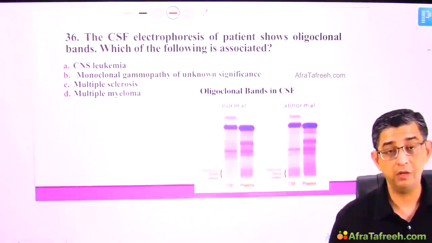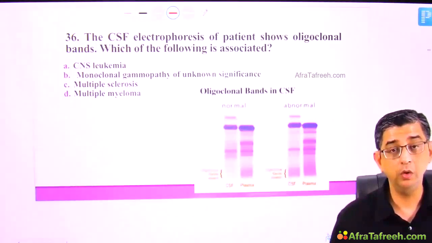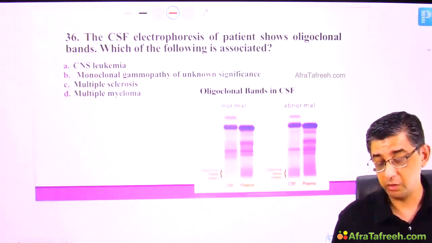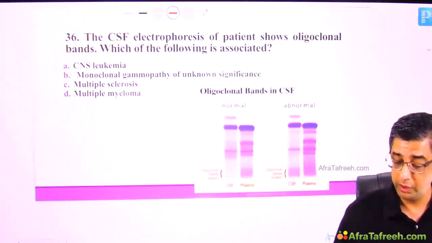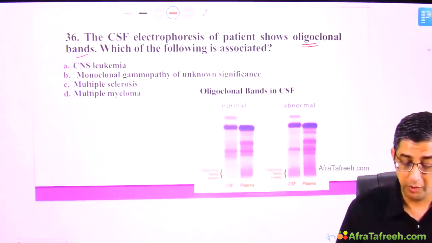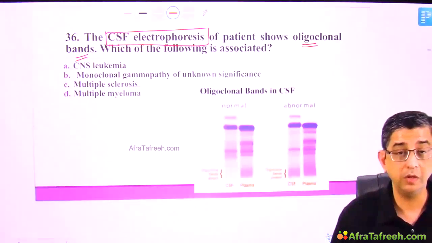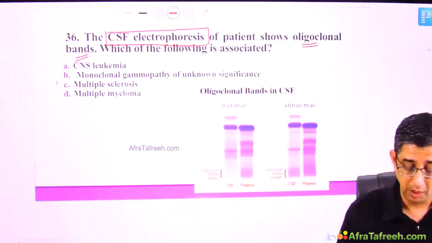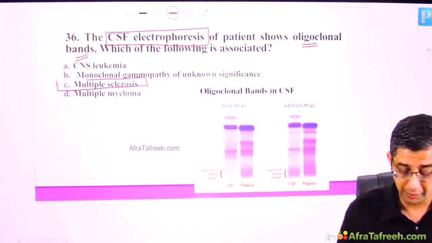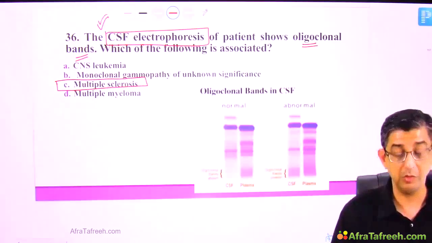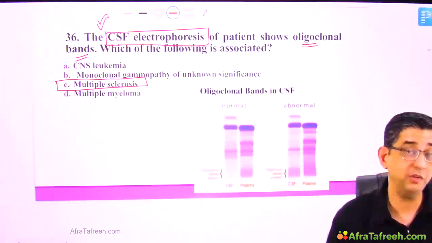The CSF electrophoresis of a patient shows oligoclonal bands. Now, don't waste time here trying to interpret the image. The only condition in the central nervous system where you read about CSF electrophoresis is an autoimmune disorder where you have Uhthoff phenomenon, that is multiple sclerosis. You can solve this question by simply reading the words CSF electrophoresis, because nowhere else do you read about CSF electrophoresis.